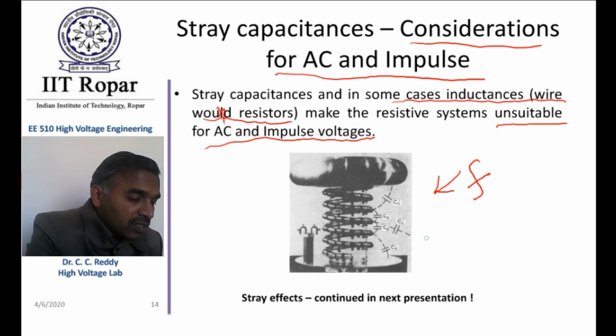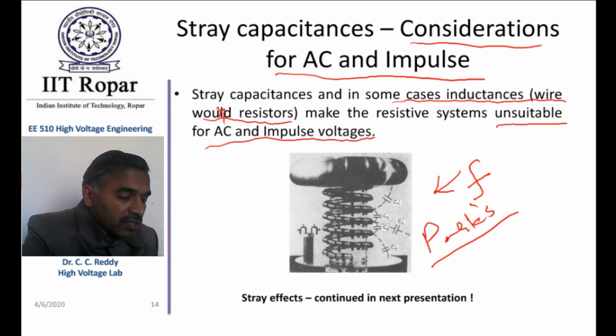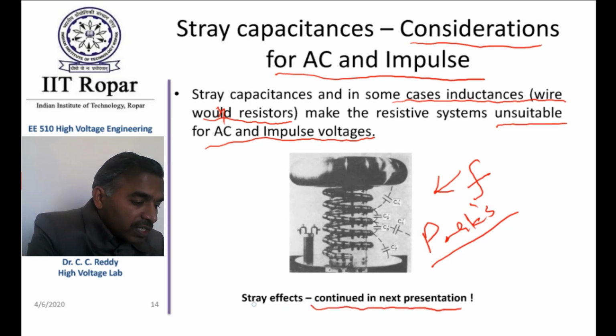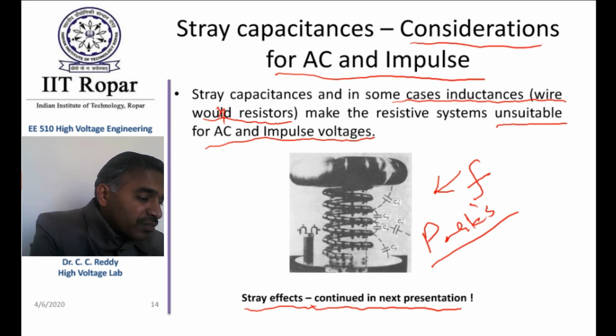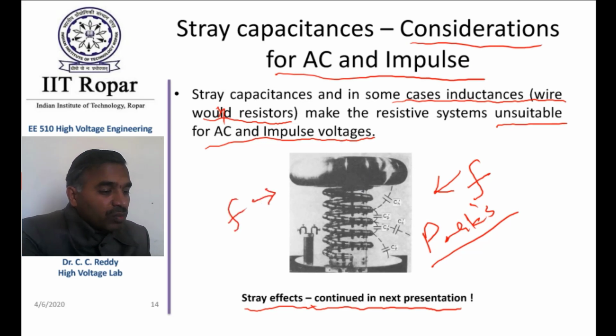So this is Park's resistor divider. This we will see later also. So the effect of stray capacitances etc. will be studied in detail in the next presentations. But for the time being, you may note that it is not good for AC and impulse, because the moment frequency dependence comes into picture, it is no more a resistive but a reactive setup, right?